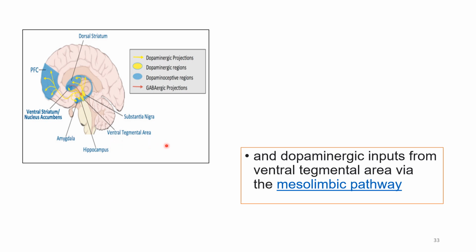So you have noticed that it will receive its inputs from the ventral tegmental area via the mesolimbic pathway and from the limbic system. From the limbic system it is getting glutamatergic inputs. From the mesolimbic pathway it is getting dopaminergic inputs.